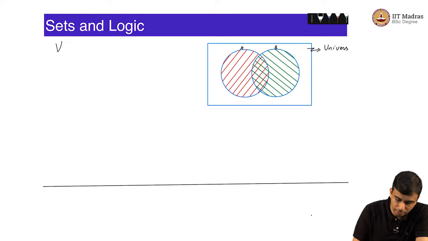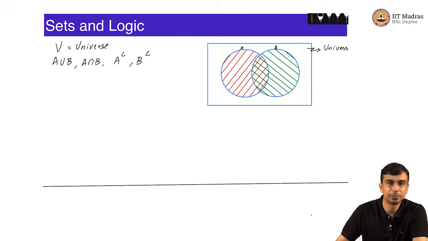The basic operations that are associated with sets are union and intersection. So, you can have A union B, A intersection B, and A complement and B complement.